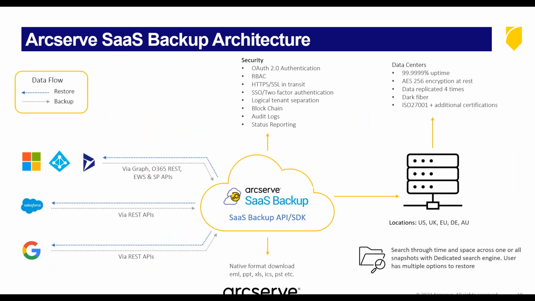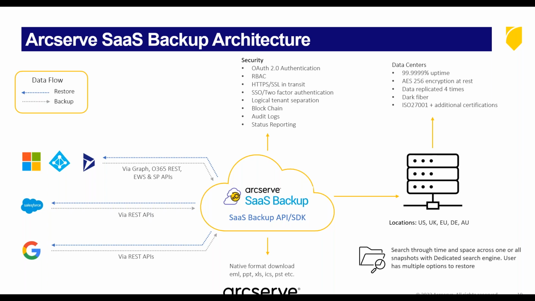All right, so here's the software piece. The Arcserve SaaS backup itself connects to M365, SFDC, Dynamics 365, and Google Workspace, all through API. Okay, REST API, Graph, EWS or SP API. We talk about Azure, Microsoft, or anything that runs in Microsoft.